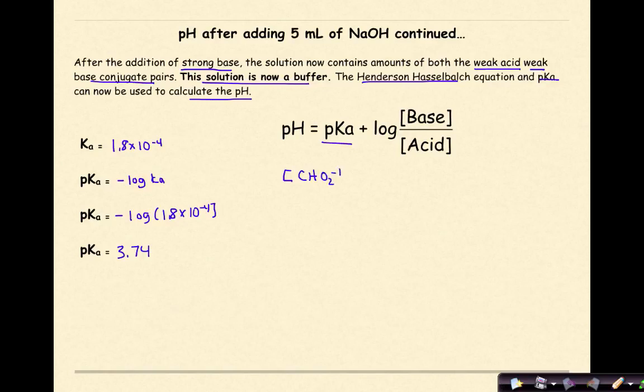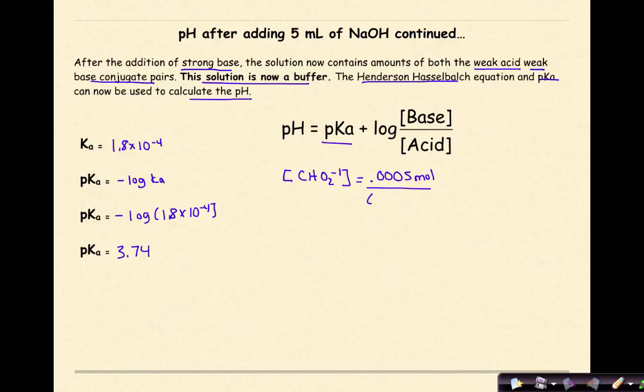CHO2 minus 1. Looking back at my table that I just had, I know that as a result of this addition of the 5 milliliters of the strong base, I have produced 0.0005 moles of my conjugate base. And then I have to think about the total volume that was involved.